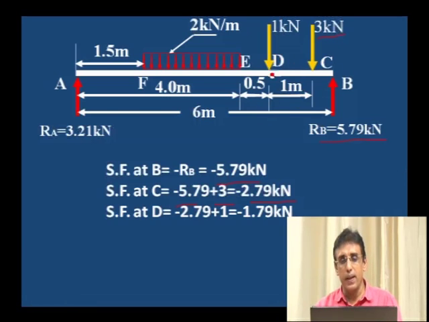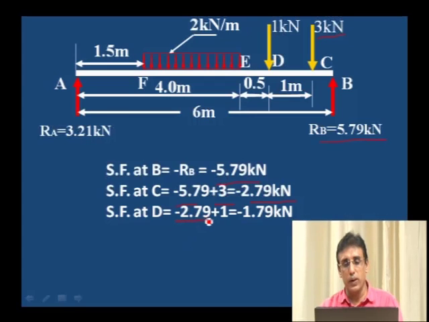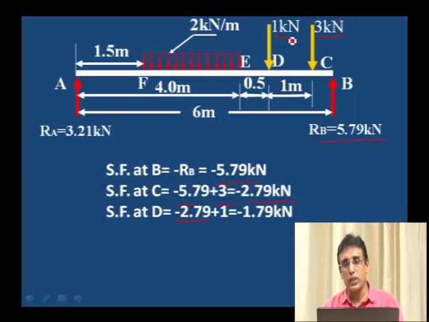Shear force at D, the previous value is minus 2.79 plus one more load that is added, 1 kilonewton. Therefore, minus 1.79 kilonewton is the shear force at D. Shear force at E, there is no further load added between E and D, that is why it is minus 1.79.